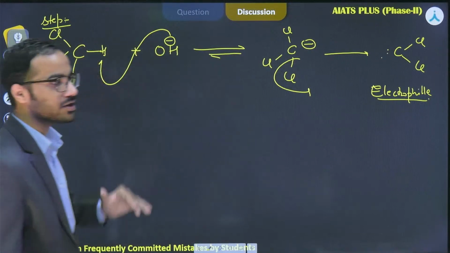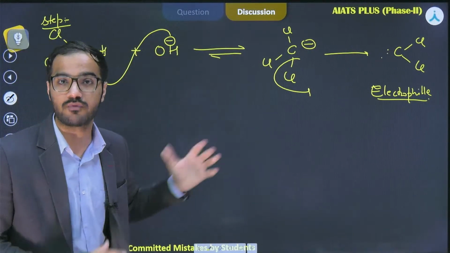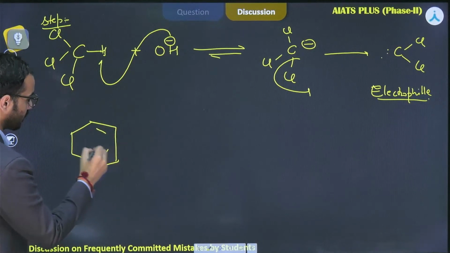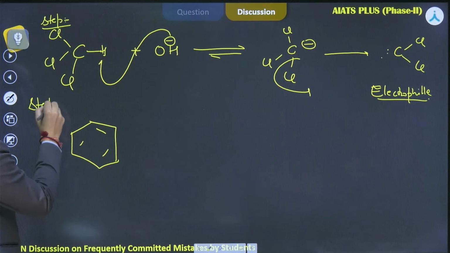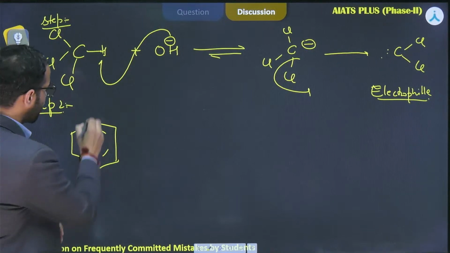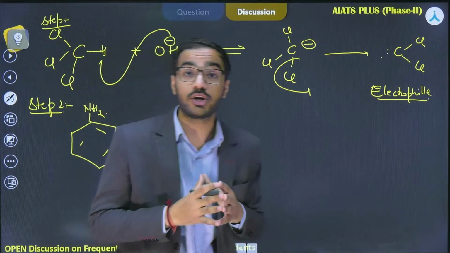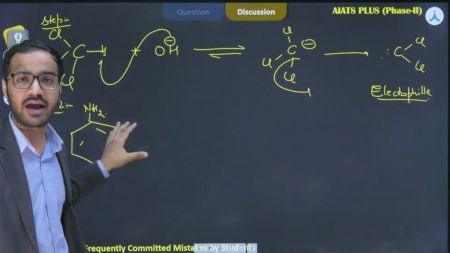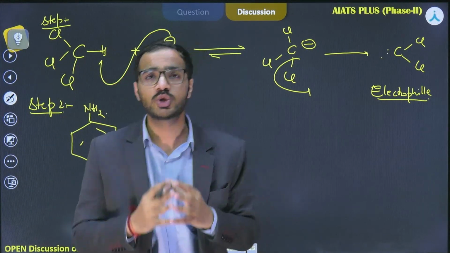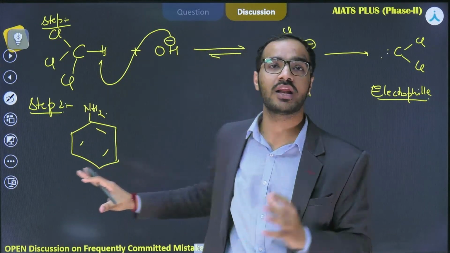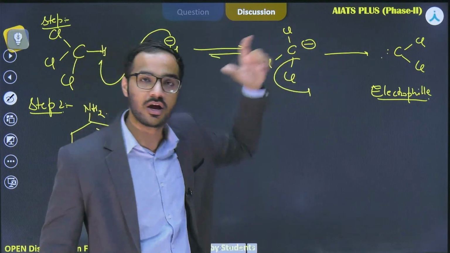After this, we have a substrate. What is it? We have aniline. This is step 2. What will aniline do? Nitrogen has a lone pair of electrons. So can I say that aniline will act as a nucleophile and attack the electrophilic center? Obviously yes.